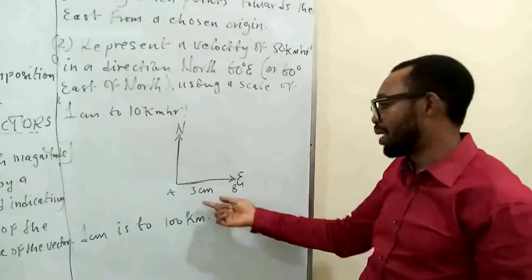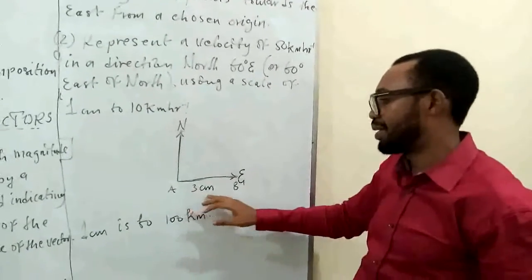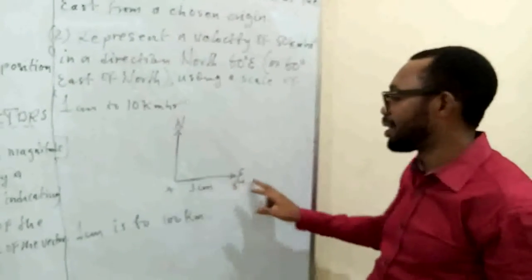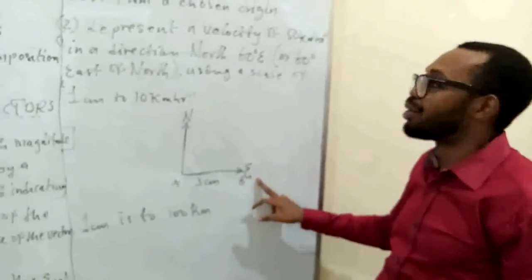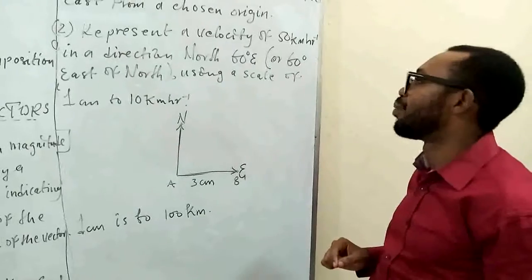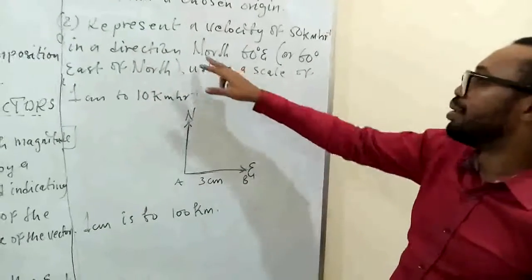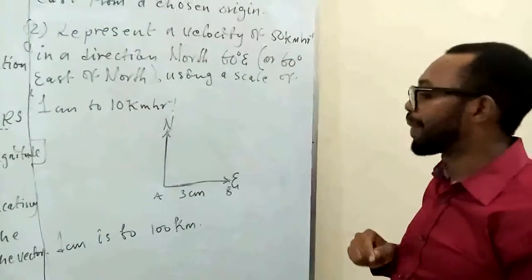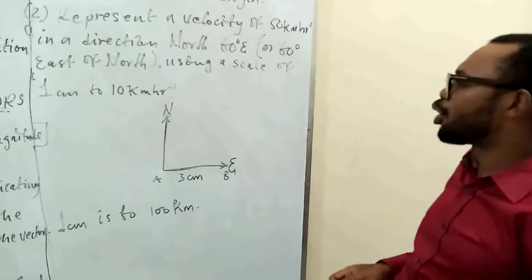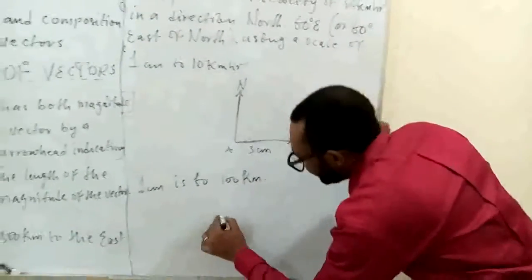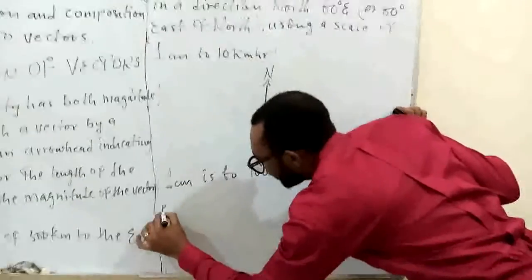Just like this first one, the magnitude is 3 centimeters and the direction is due east. So the second exercise, we are to represent it 60 degrees east of north. So what do we do? First of all, this is question 2 now.